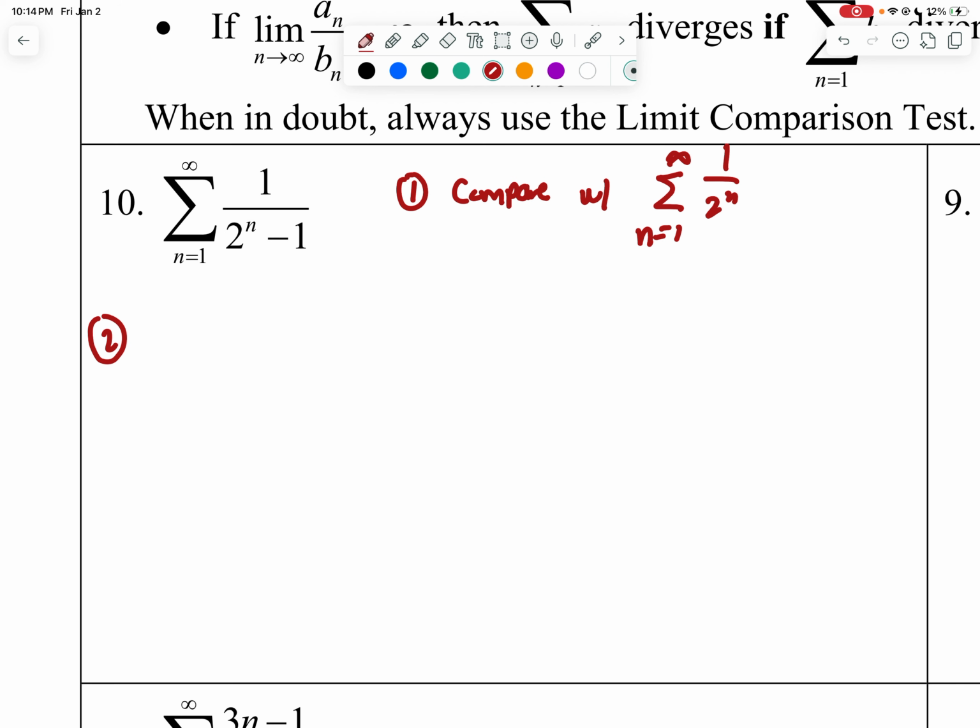So our second step is going to be a little bit different here, because what we're going to do here is take the limit as n approaches infinity. And what we're going to do here is just do 1 over 2 to the n minus 1, divide this by 1 over 2 to the n. Now, I'm not a big fan of that notation, because what you could do is just take the reciprocal and multiply it.